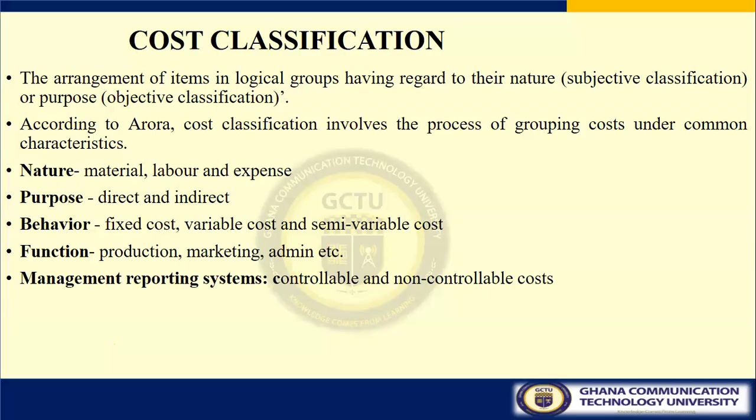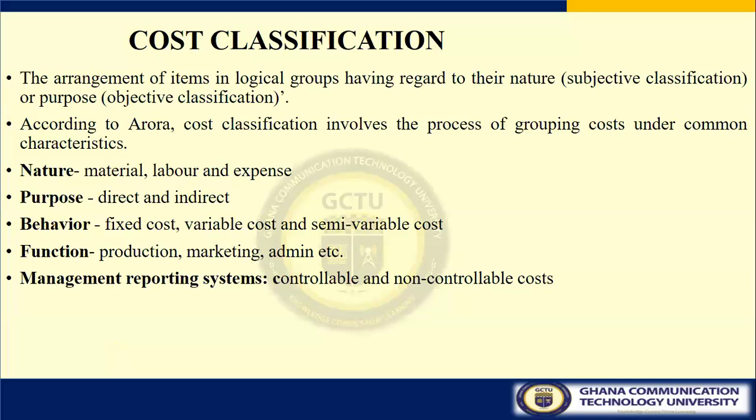Why are we saying semi-variable cost? Because at the beginning it's fixed, and as it continues, it becomes what? Variable. It changes from fixed. That's what we call the semi-variable cost. And then we have the variable cost. The cost changes as the activity level changes. The higher the activity, the higher the cost. The lesser the activity, the lesser the cost. That is how cost behaves under this classification.